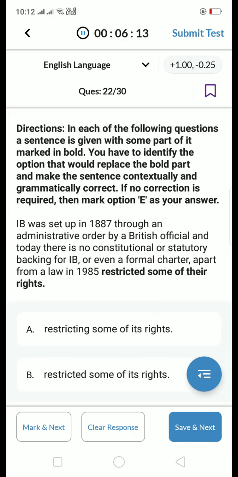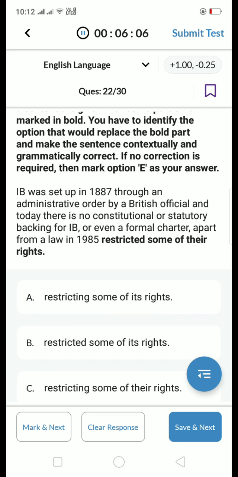अच्छा, अब next section पे, next question पे आ गए. The sentence some part of it marking you have to identify. ओके, replace करना है, no problem. IB was set up in 1887 through an administrative order by a British official, and today there is no constitutional or statutory backing for IB or even a formal charter apart from a law in 1985 restricted some of their rights.